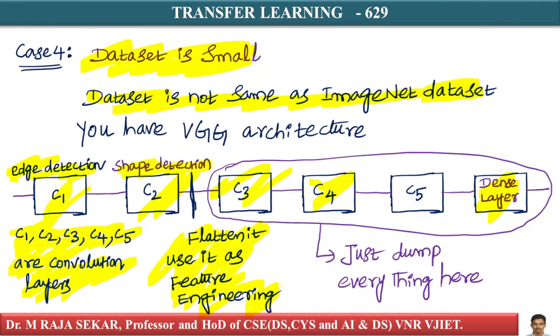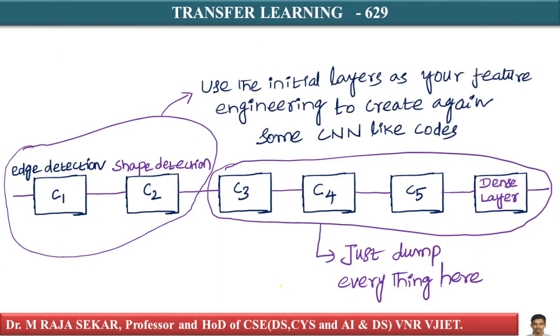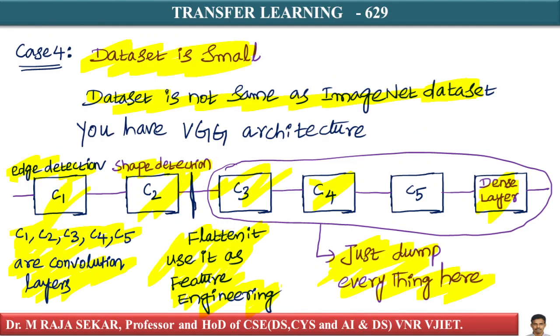Let me repeat this one. What we are doing here is taking all the outputs at the earlier layer. That is important. If my D is the same as ImageNet, I am taking the last layer data as the feature engineering step. But if D is dissimilar, it is not the same as my ImageNet data.